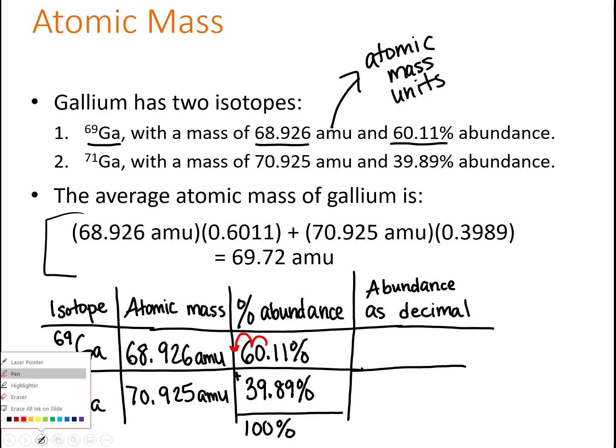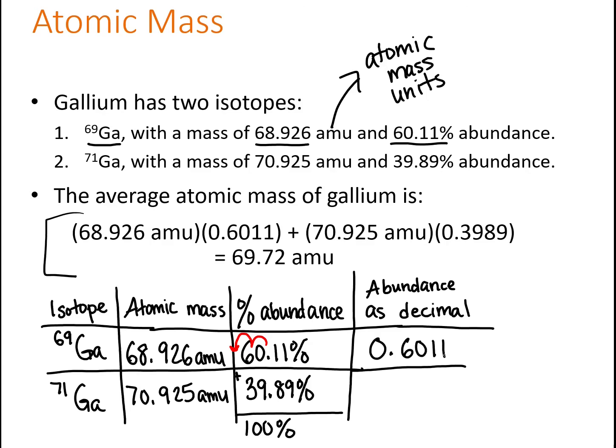That's what dividing by 100 does, okay? So as a decimal, 60.11% becomes 0.6011. Likewise, we're going to move that decimal 2 places to the left for the 39.89% and create 0.3989.